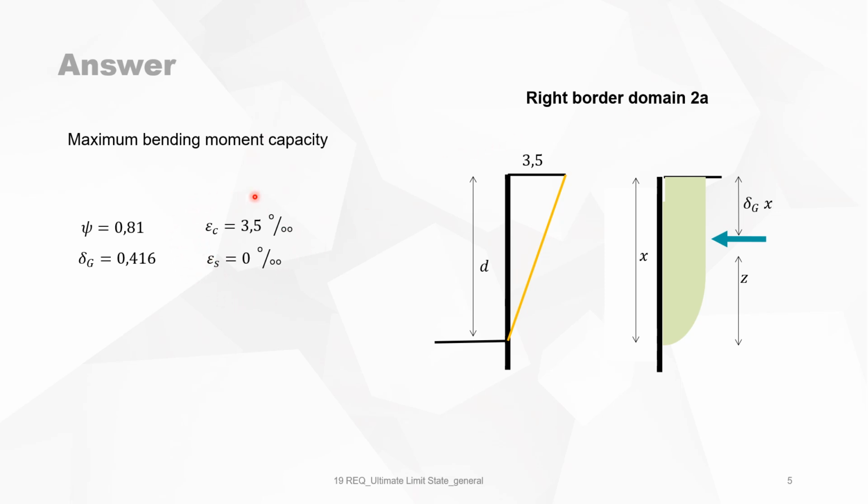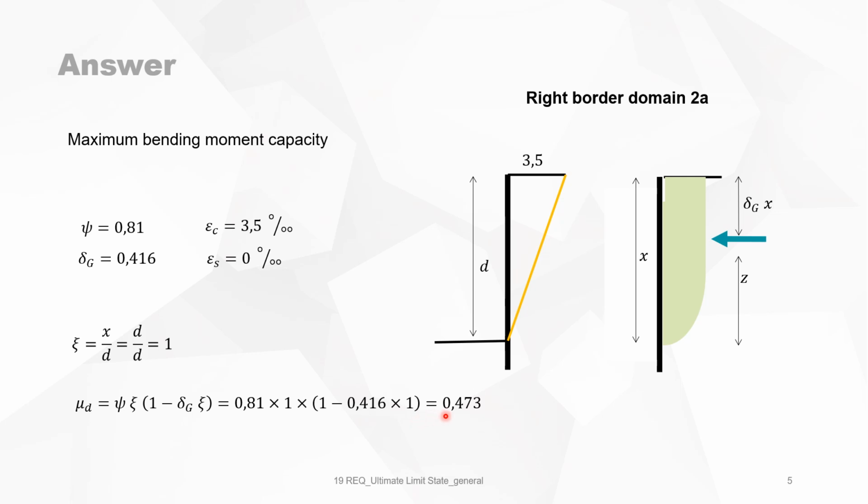The strains are 3.5 per mil and approaching 0 per mil. So it's clear that X is equal to D. So C is by definition 1, and when you fill in the different parameters for mu D, you find that mu is 0.473.